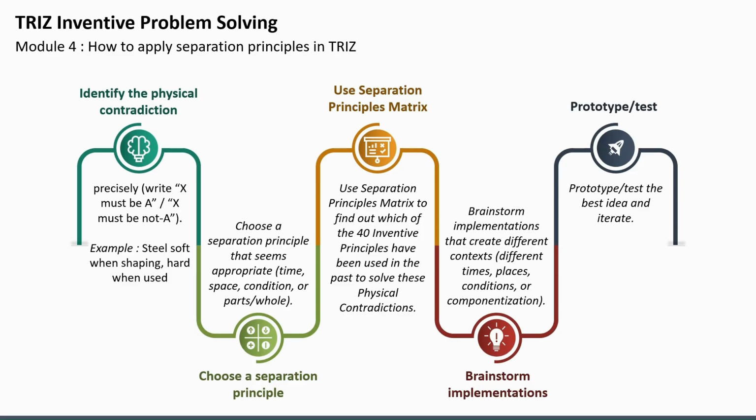And finally, we will use those separation principles and the separation principles matrix to find out again the standard 40 inventive principles, from which we will identify a few which best suit the scenario. So our next video will be an example video where we will be discussing a practical problem and how the technical contradiction, physical contradiction, separation principles, contradiction matrix, separation principle matrix and 40 TRIS inventive principles can be used together.